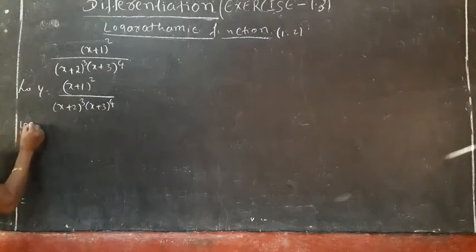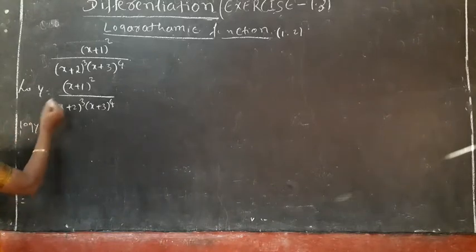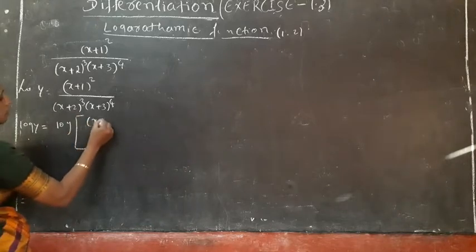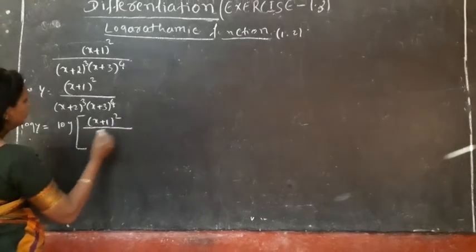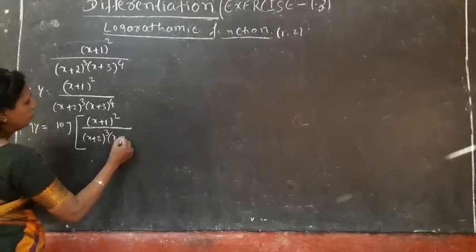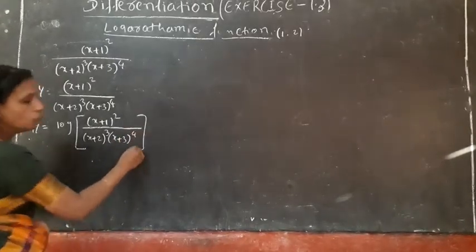Taking log on both sides, log y equal to log of (x plus 1) raised to 2 divided by (x plus 2) raised to 3 (x plus 3) raised to 4.